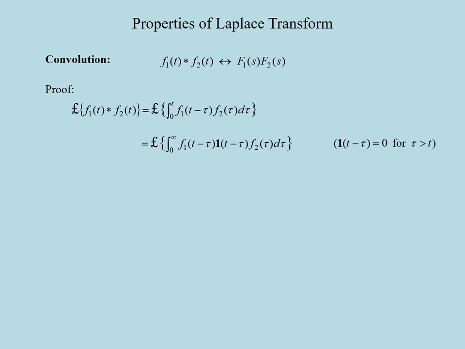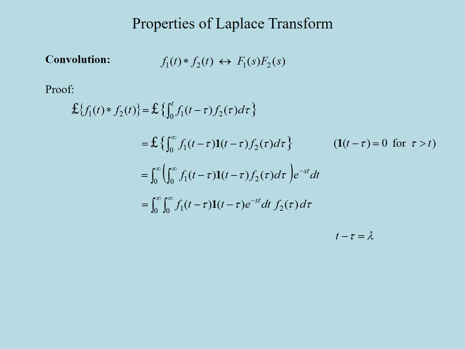So such a unit step function will mask the integrand for values of tau between t and infinity. Next, we write the Laplace integral for the function in curly brackets. Now we can interchange the integrals of tau and t, and since f2 of tau does not involve the variable t, we can take it out of the inner integration.